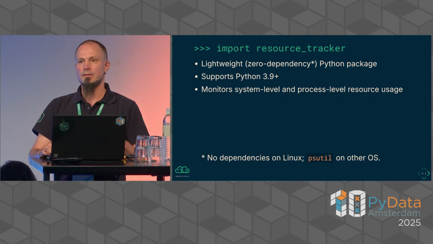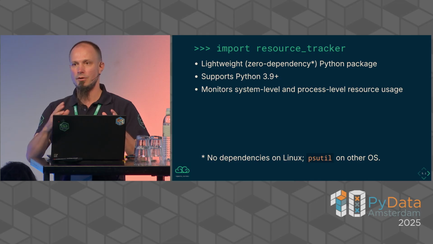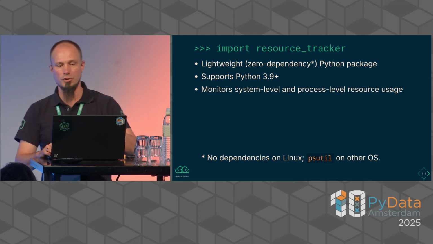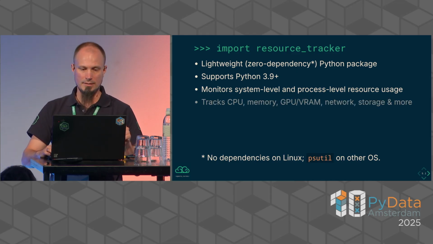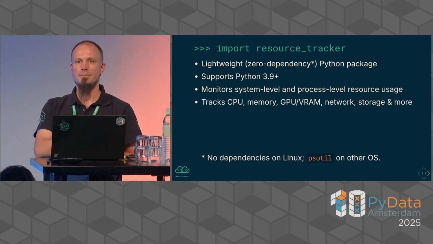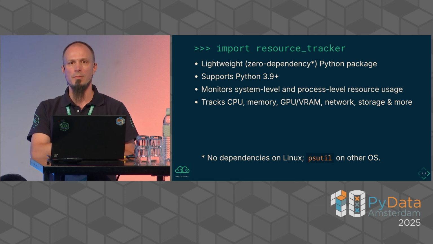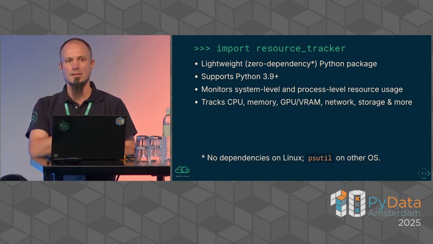So it will monitor the resource usage at the system level, so all the resources used on your laptop, on a server, whatever. And it can also focus on a single process, optionally all the children processes of that single process. It looks at the CPU usage, so time spent in user space and kernel, looking at the memory usage, looking at GPU and VRAM usage, and it does that at the process level as well.